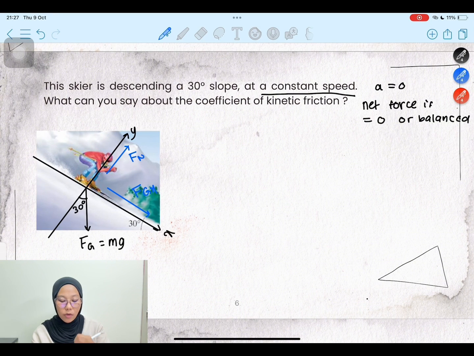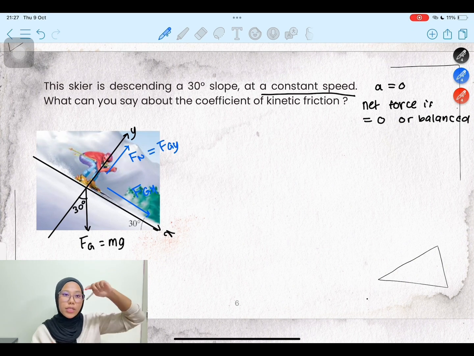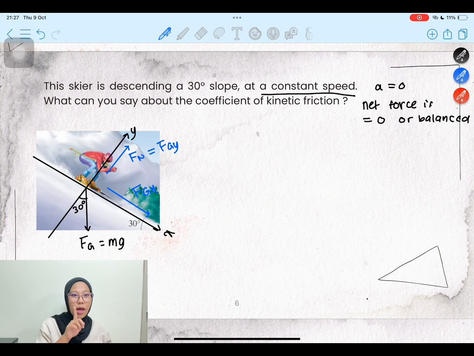Normal force actually equals the y component. For the kinetic friction, like I said before, kinetic friction always opposes the object's direction of motion. So if the motion is downwards, the friction is upward. So here is the friction.